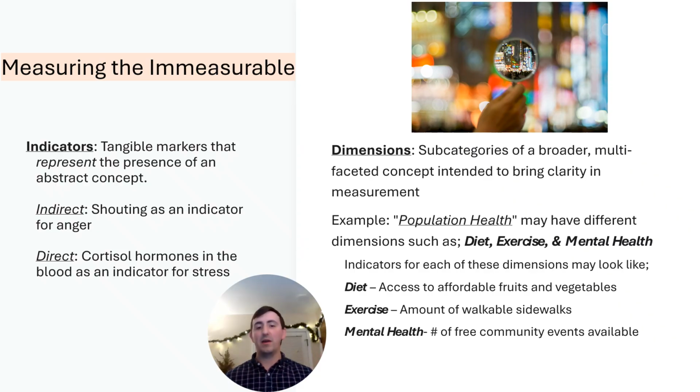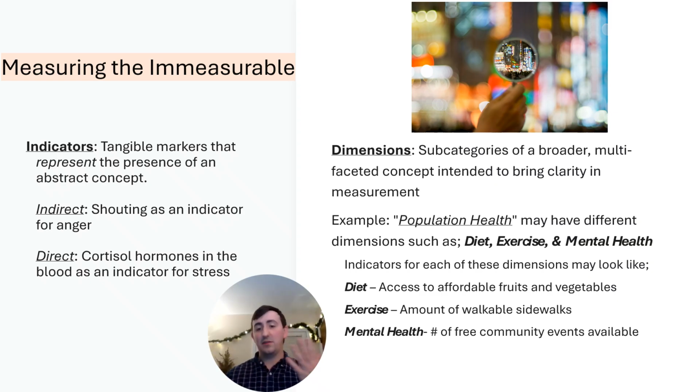So an indicator for diet might look like, does the city generally have access to affordable fruits and vegetables, right? Some indicators for exercise might be the amount of walkable sidewalks in the city. And then another indicator for mental health would be the number of free community events that either are the arts or just some form of food gathering, celebrating holidays together, things like that.